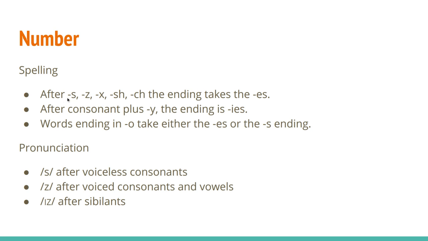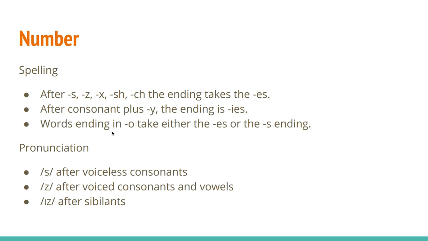Now, whenever we have a noun that finishes in s, x, sh, or ch, the ending takes the es form. All right. Whenever we have a consonant plus y, we are going to change the y into i, and the ending will be ies.